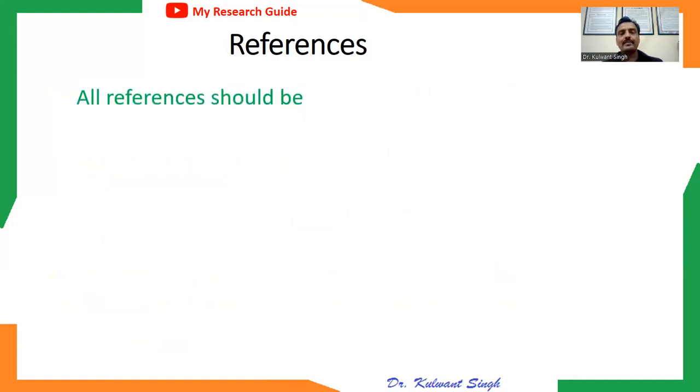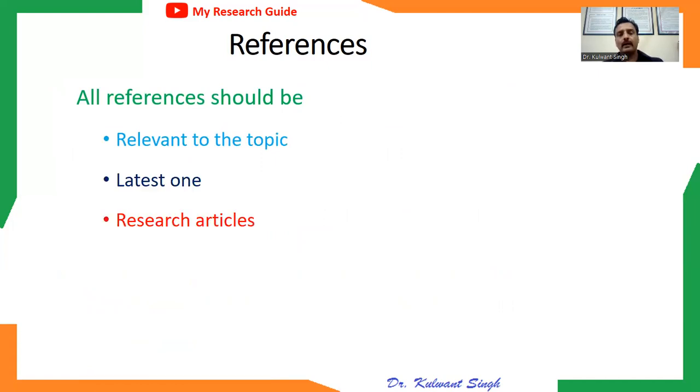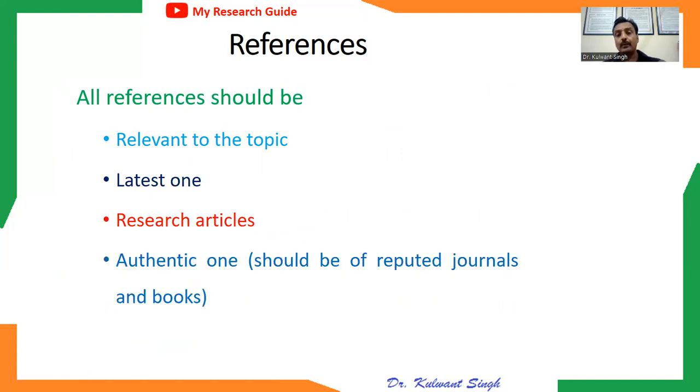All references should be relevant to your topic and the latest ones, and we should include only research articles. They should be authentic, meaning we should choose reputed journals and books for our reference purposes.